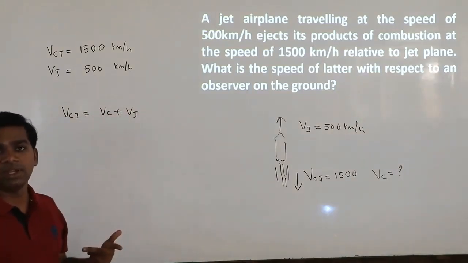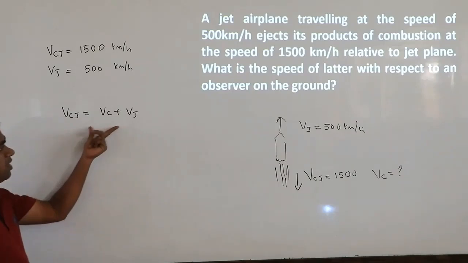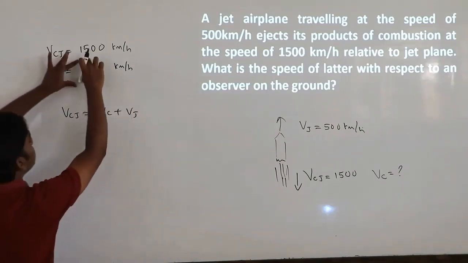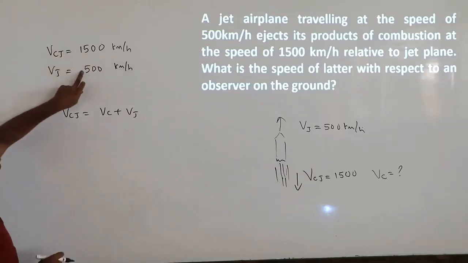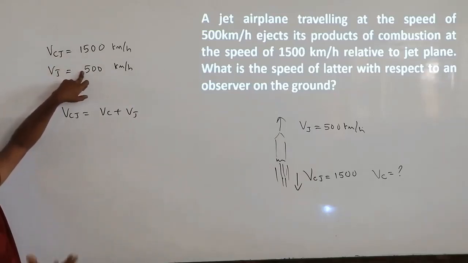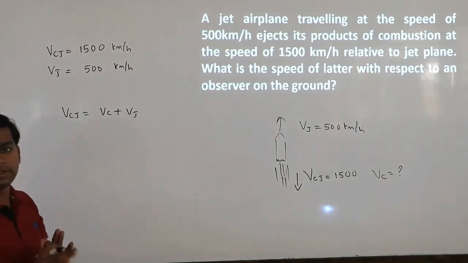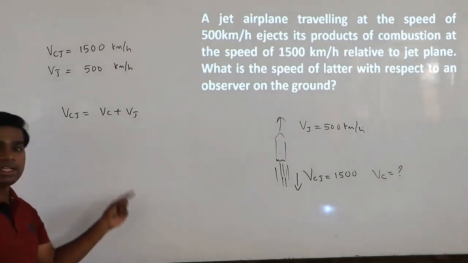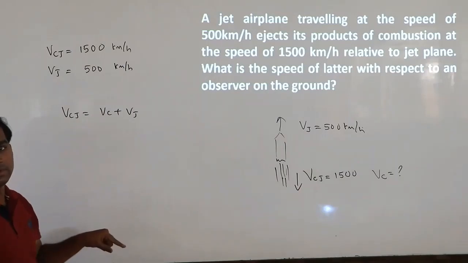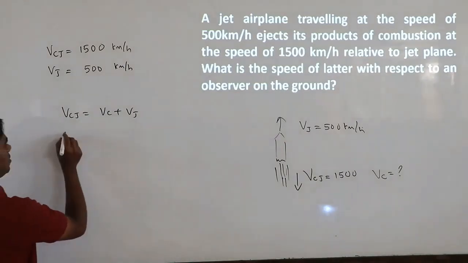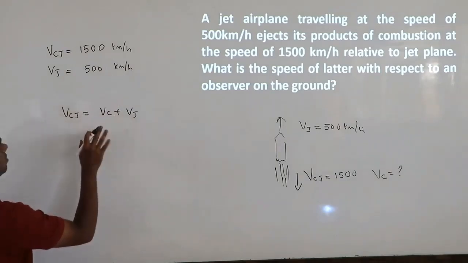When two are in opposite directions, directly you can write Vc plus Vj, or you can take one as negative and use Vc minus Vj as usual. So both are correct. Don't get confused. In the last problem I used that method, so here I will use this method. Just to know that both are possible.